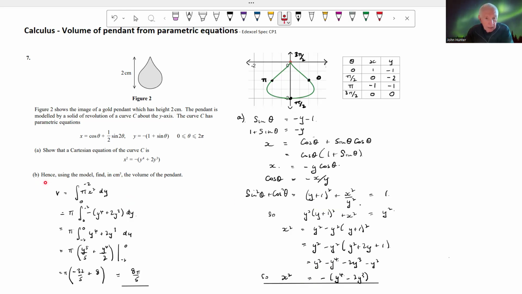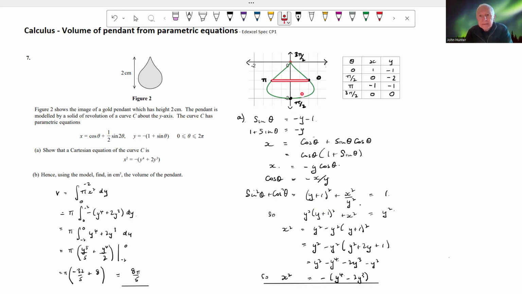Because part B is: hence using the model, find in cubic centimeters the volume of the pendant. Right. So this is an integral with respect to dy. So what we're actually doing is adding, if you can imagine, a whole infinite number of disks that this pendant is made up of.